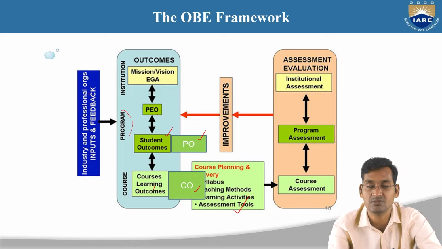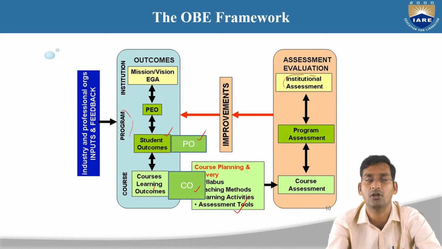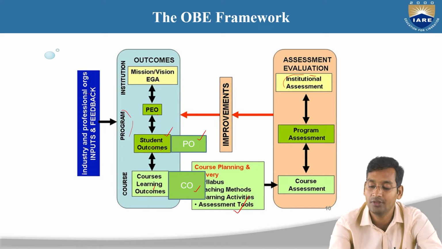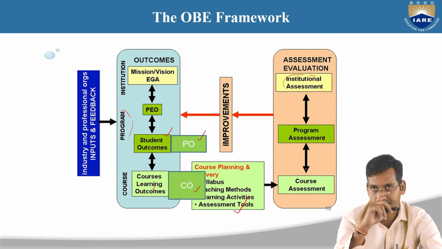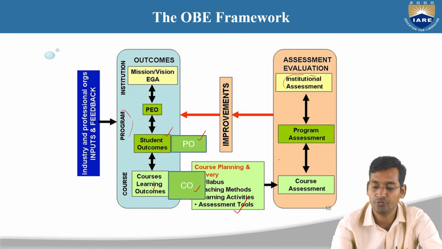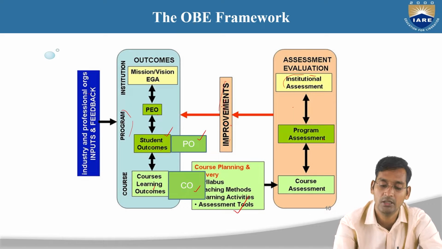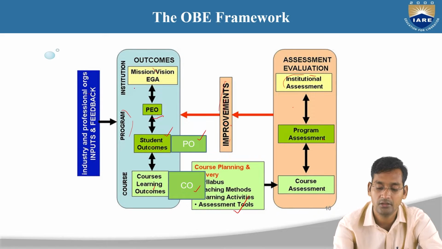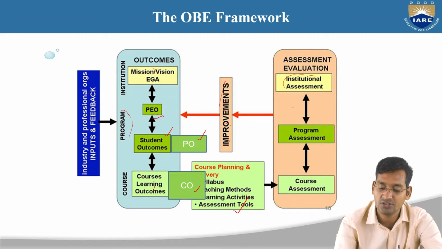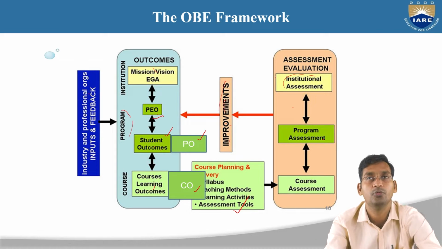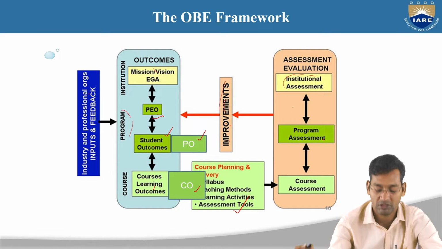Through assessment and evaluation, not only by the institutional assessment like the CIE or continuous internal examination, but also program assessment and course assessment. Like this you have to move. After this, improvement will be there. If any improvement is required, improve that, then send it back here and again this will work. If this cycle is followed, the OBE purpose will be achieved.